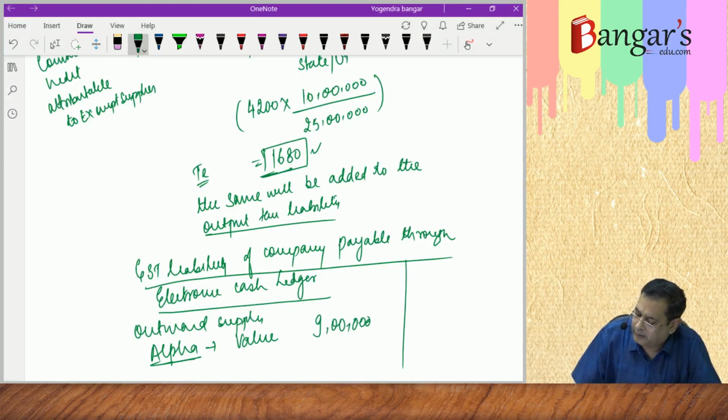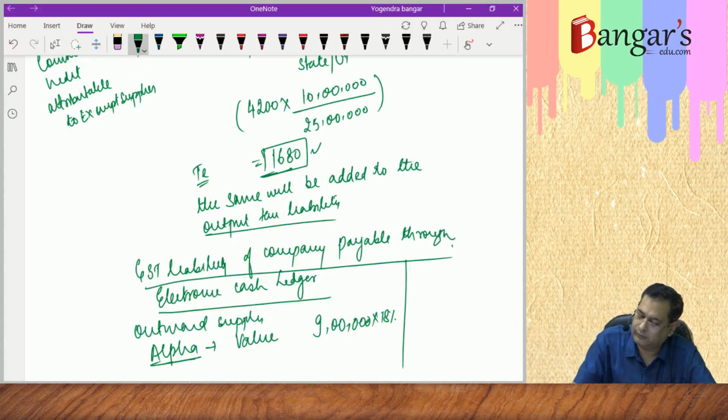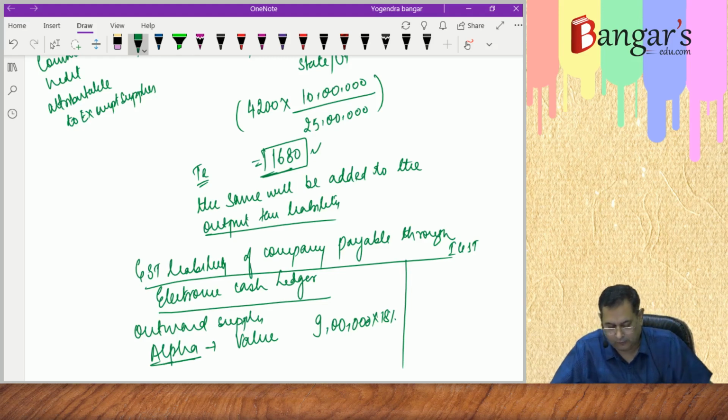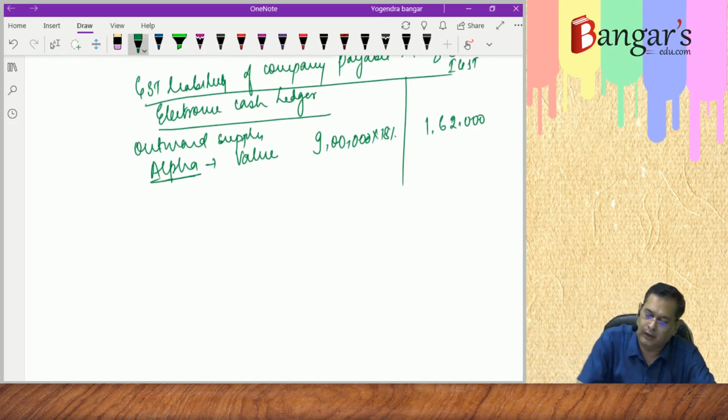The rate of GST is 18%. So IGST liability will be 9 lakhs into 18%, that is 1,62,000 rupees.